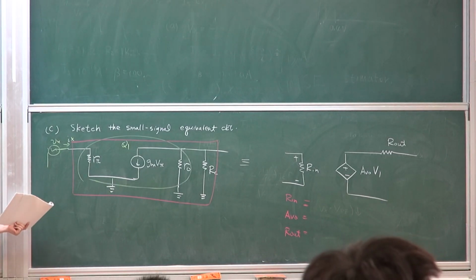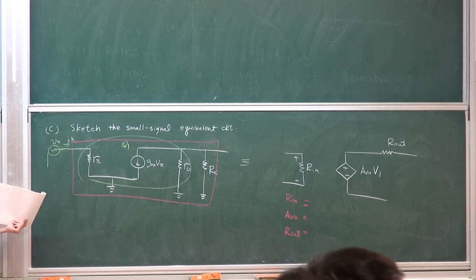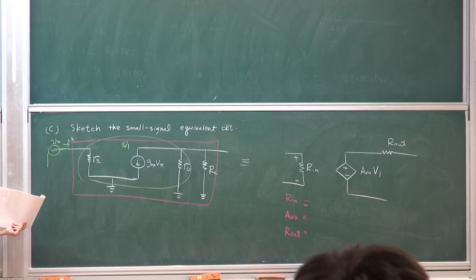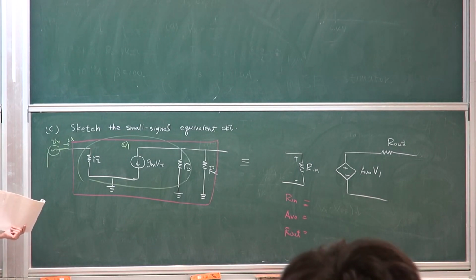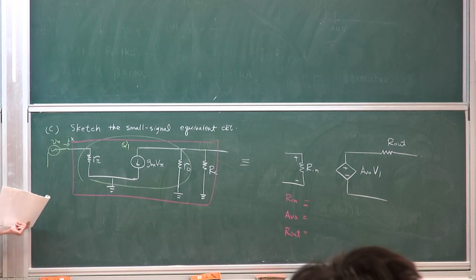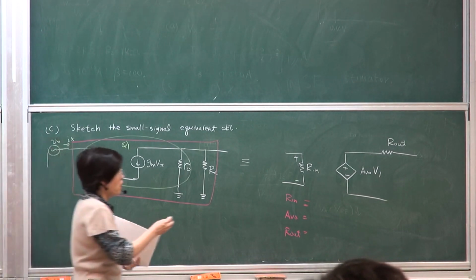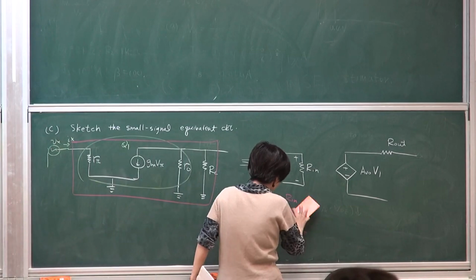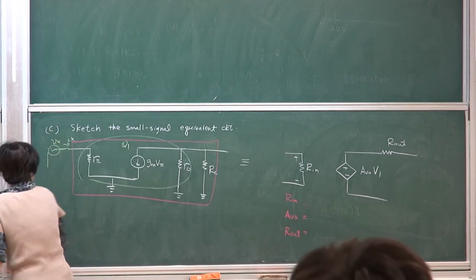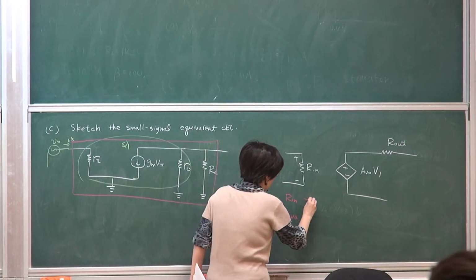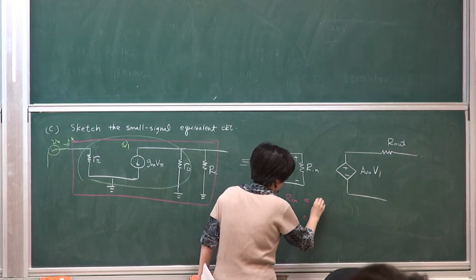Anyone want to guess? This is very simple. Take a guess, what is Rin? Correct or not? You don't actually need to do anything. This is very simple, that's why I asked you. So this equals R pi.